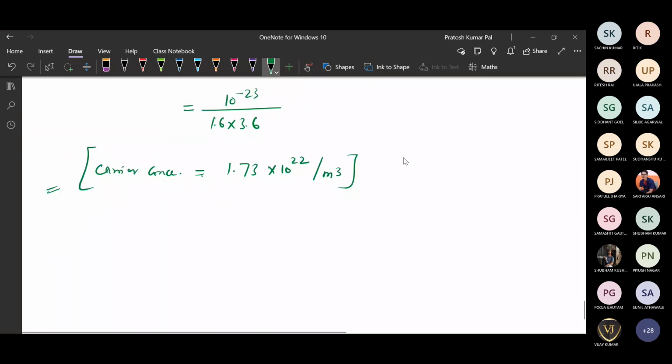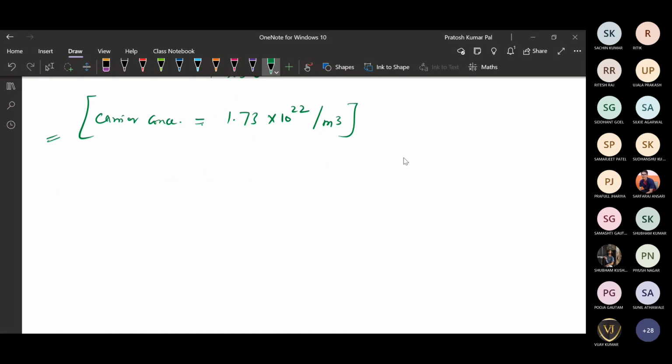One direct method to find this is the conductivity, which we already know. So conductivity, that is sigma, is given as N Q into mu. This N is nothing but the charge carrier concentration.